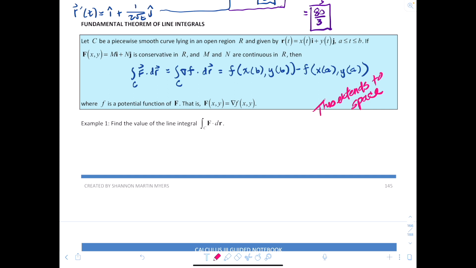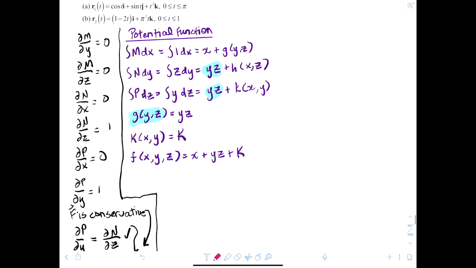All right. So let's check it out. Found our potential function, right?